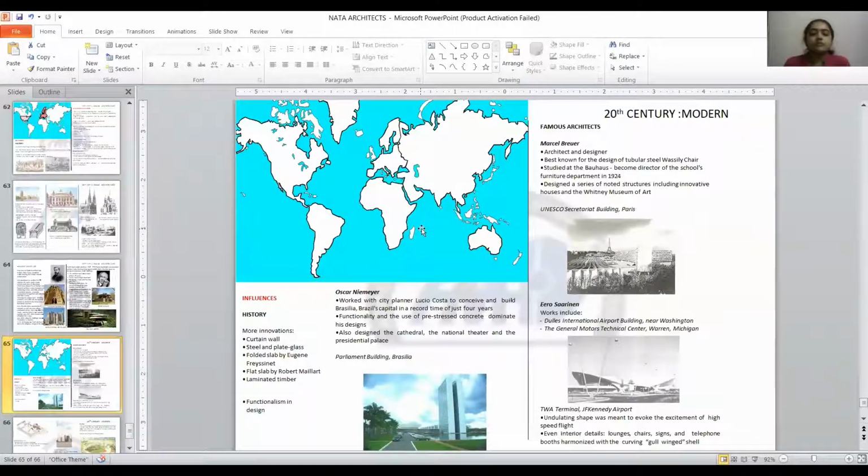Because of the industrial revolution, the availability of steel, iron, etc. paved the way for the invention of new building techniques.